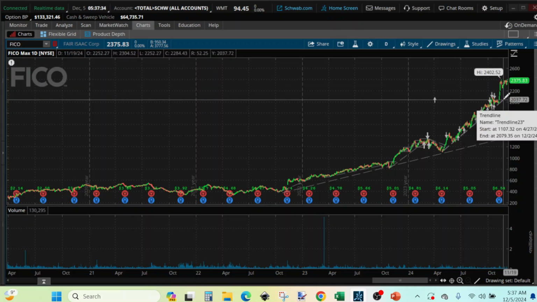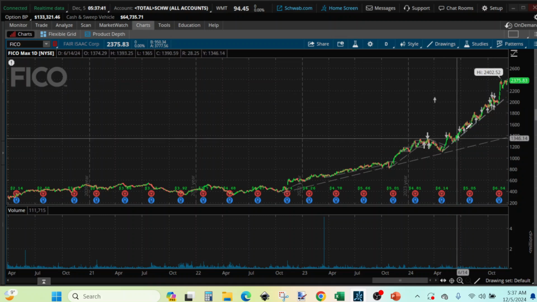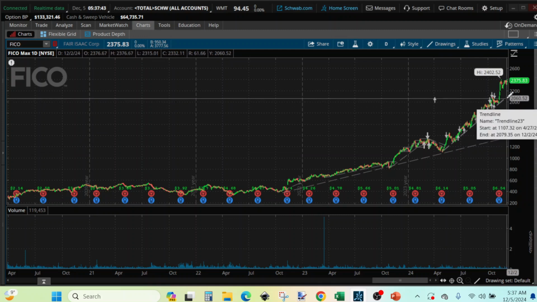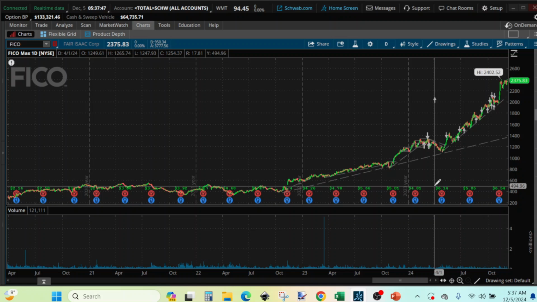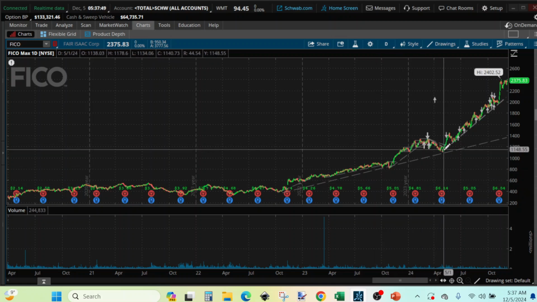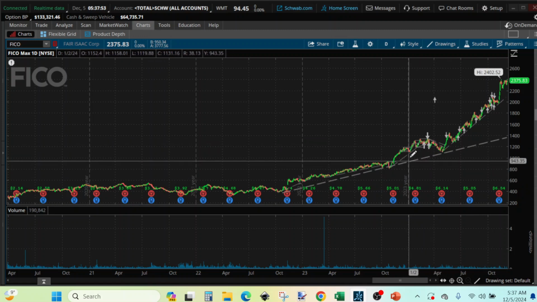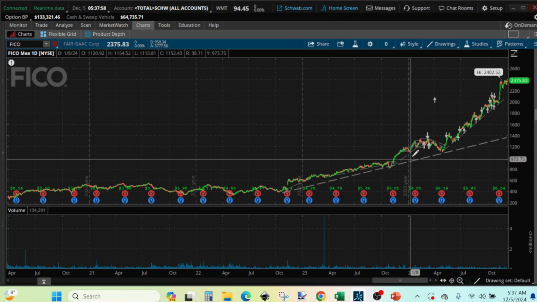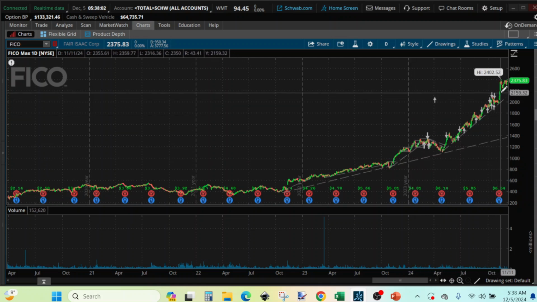We can't really try to buy it now because it's away from it. If we want to, it is a long enough trend line that we can choose to wait on it on that line, or to be more conservative, we can wait on it on this line, because it started above that line in 2024 but came back to it before it went up.